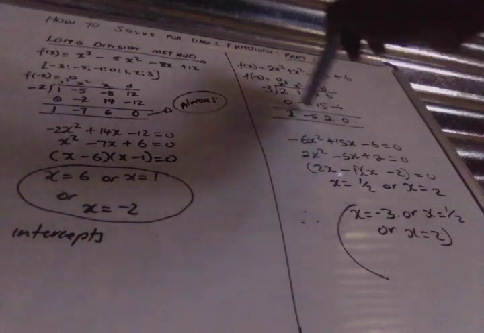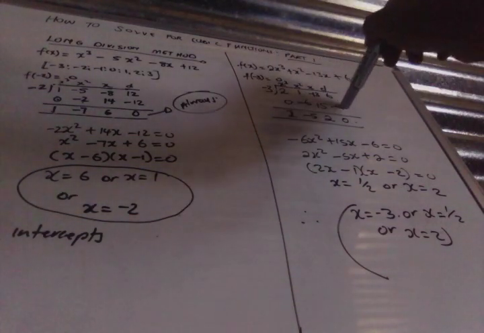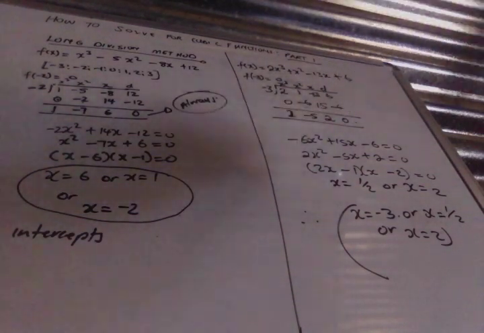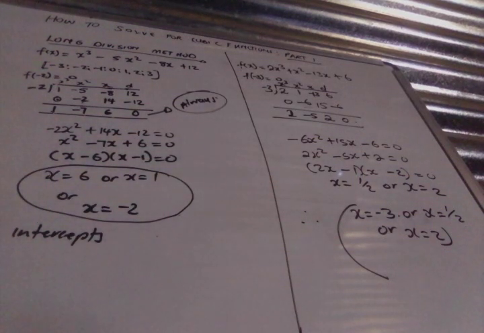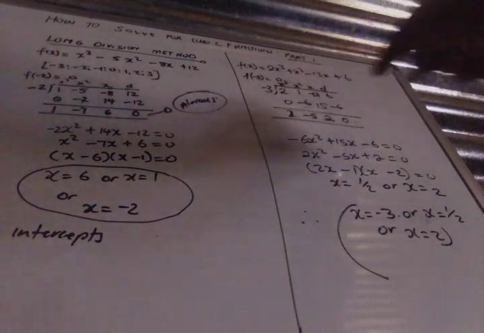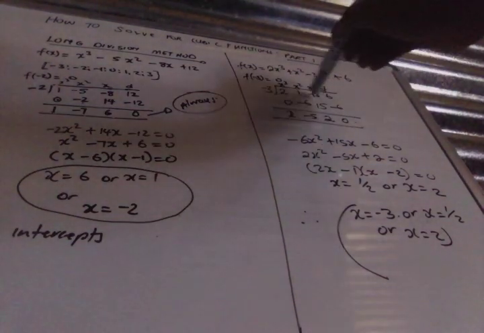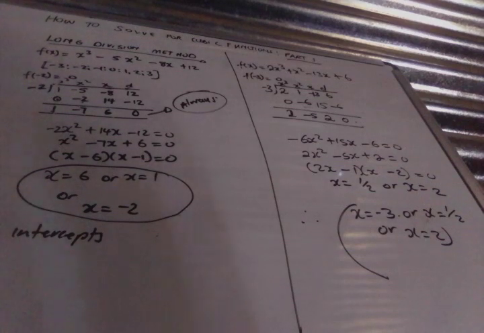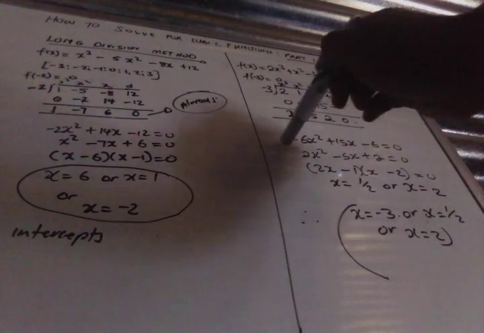I'll say 2 times -3, I'll get -6. Then 1 plus -6 gives me -5. Then -5 times -3, I'll get 15. -13 plus 15 gives me 2. Then 2 times -3, I'll get -6. Then I'll add these two, and when I get 0, it means that I'm on the right track. But I'm not done as yet. I'll have to take the equation from the second row of the long division. In the second row, this 2 represents x squared, the -5 represents x, and the 2 represents the constant.